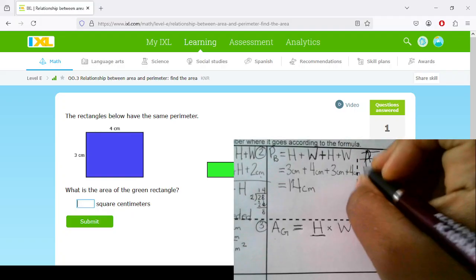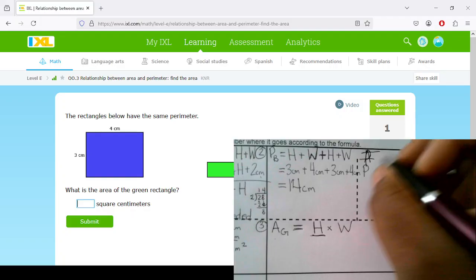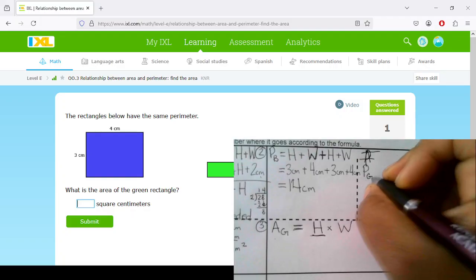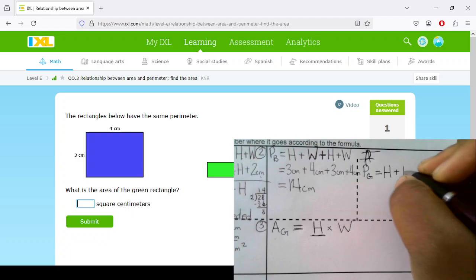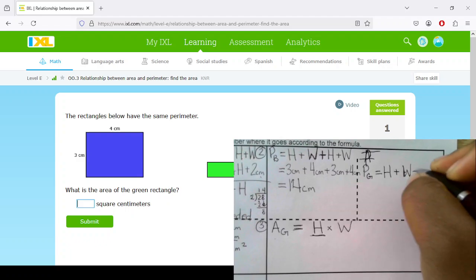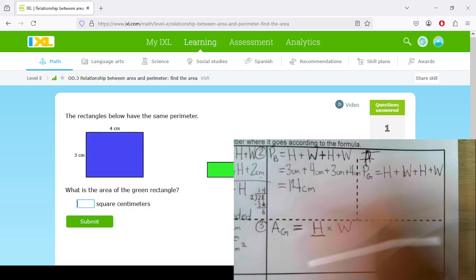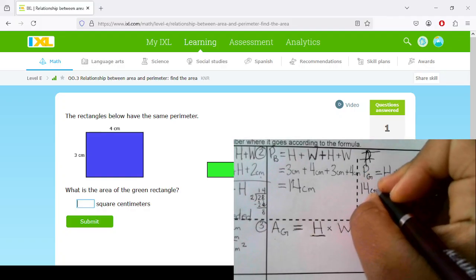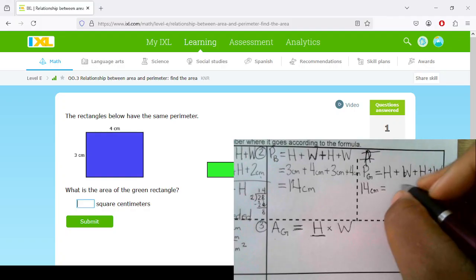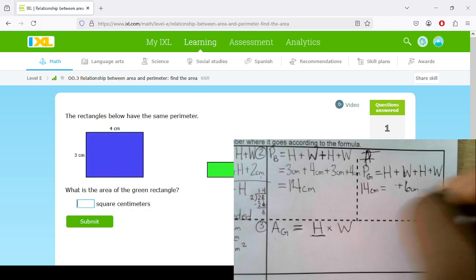And I know that the perimeter of the green, I'm going to put a capital G, is calculated by adding up the height and width of every side. I know the total perimeter of 14 centimeters. And I know the width is 6 centimeters.